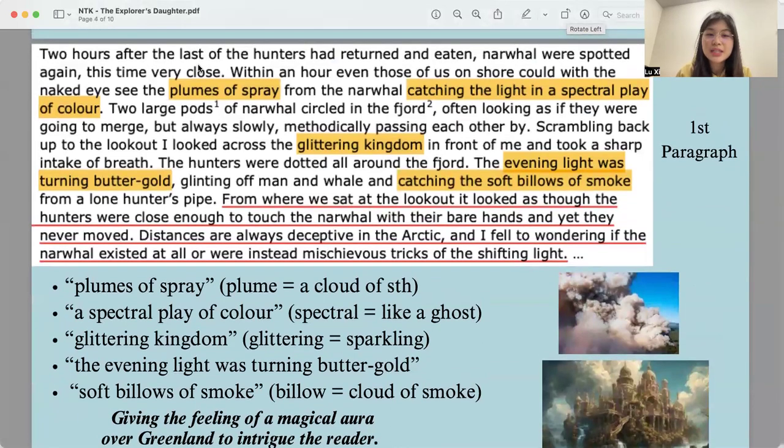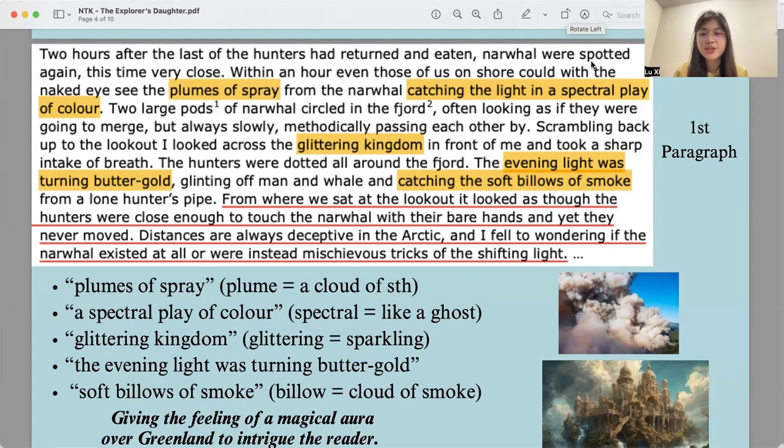Two hours after the last of the hunters had returned and eaten, narwhal were spotted again. So, what is the meaning of spot? As a noun, spot might mean some dots on the zebra, some dots on the clothes. But here it's very obvious that spot is a verb, not a noun.